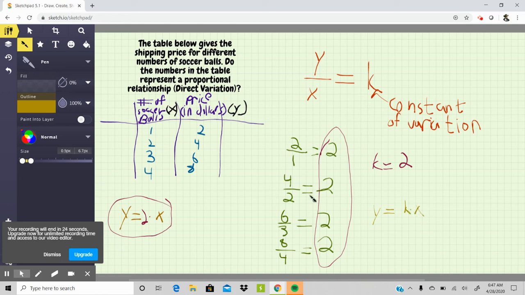Because I'll have you look back and notice how the number here was 2, and our constant of variation was 2, and that's how every direct variation equation looks. It's y equals our constant of variation times our x variable. So whatever you get for your constant of variation, if it's a proportional relationship, goes right here.